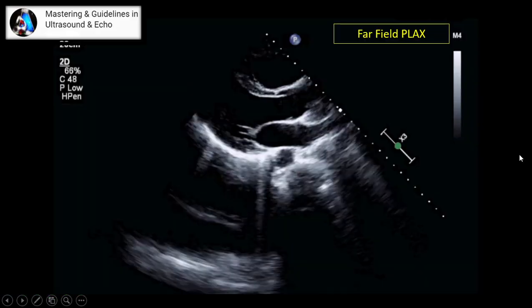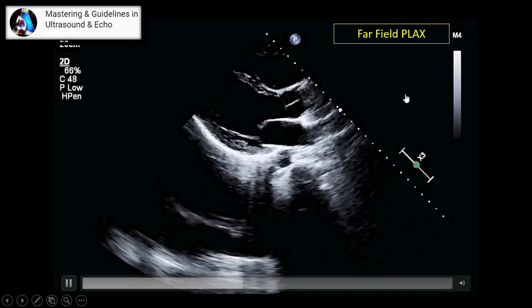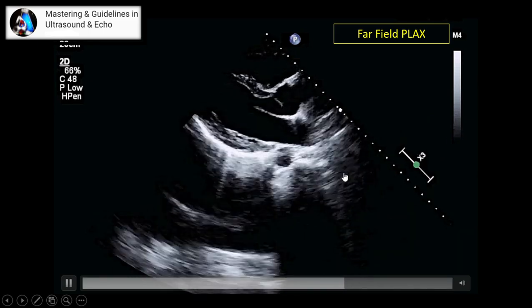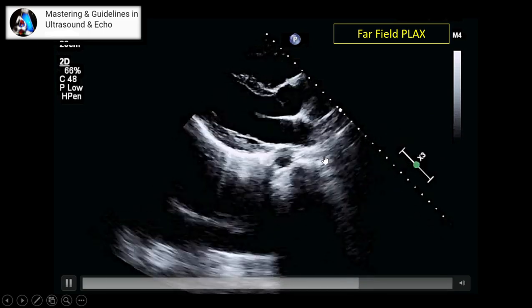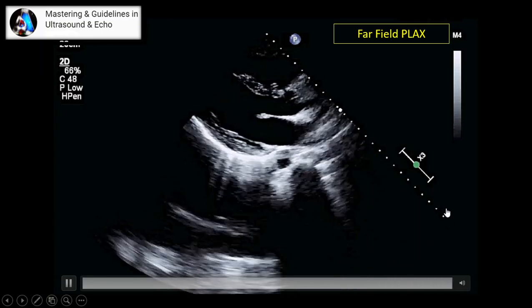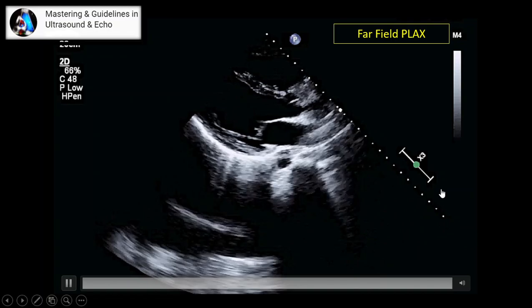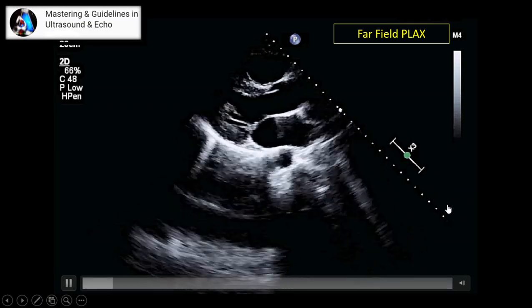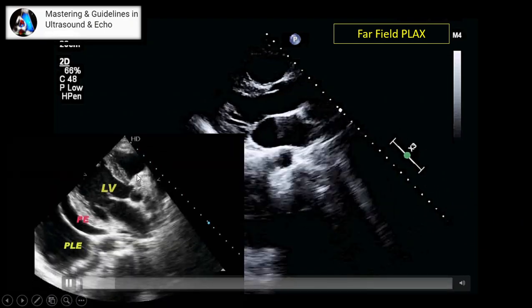The first image we get in the parasternal long axis is the far-field PLAX, and the purpose of this view is evaluation for any fluid around the heart. We know there are two processes that can happen in the thorax around the heart: one is pericardial effusion and the other is pleural effusion.